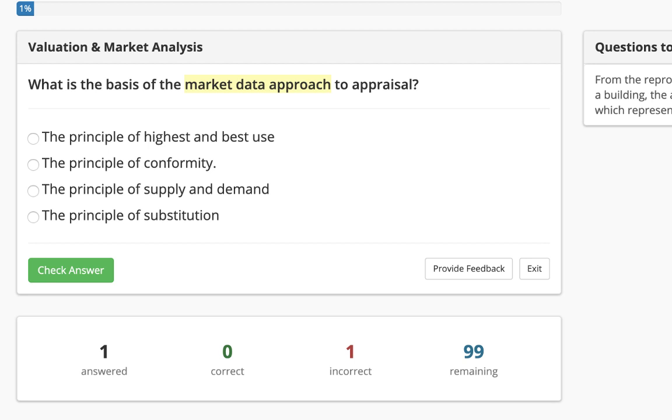Somebody did ask me the other day in a question feedback why it's even important for an agent, a licensee, any licensee that's not an appraiser really, to understand what the different appraisal approaches are. Maybe Joe can jump in on this as well. But my thought on that is because it makes you look smarter, gives you more insight into how the industry works.